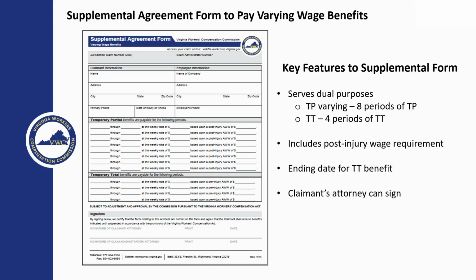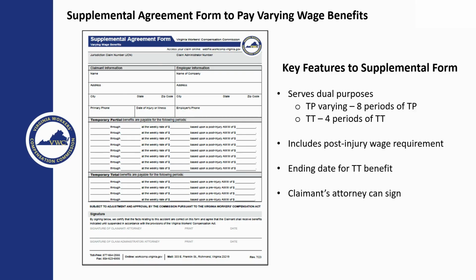We will also add a note to the order advising the rate has been modified to what is reflected in the award order. We have also incorporated an ending date for temporary total disability benefits, eliminating the need for a separate termination of wage loss form. This will allow for the entry of a closed period of temporary total disability benefits using a singular form.